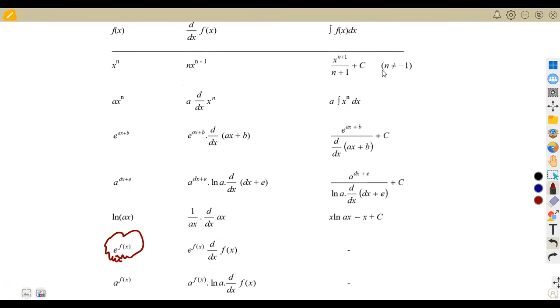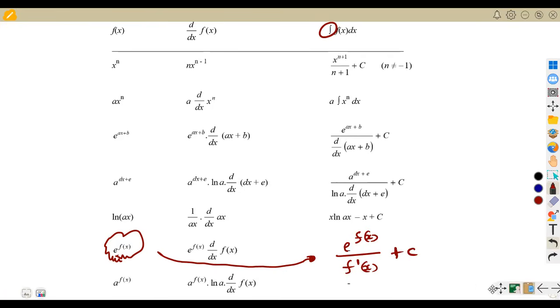So the integral here, because we're dealing with the integral on this part, the integral of e to the exponent of f of x is e to the exponent of f of x over the first derivative of f of x, plus the constant of integration.